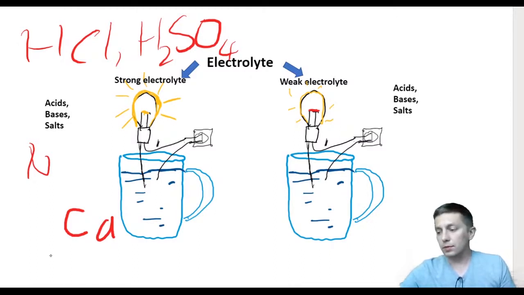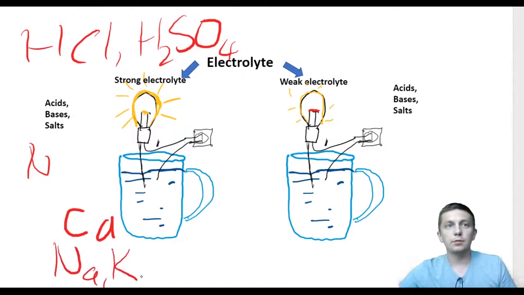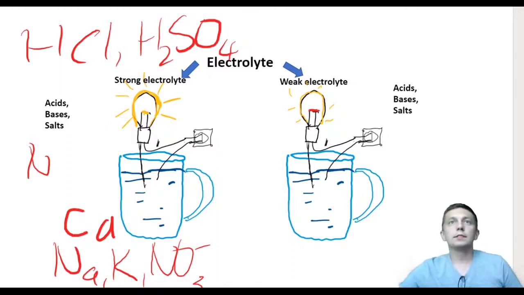And if we're talking about salt, absolutely all salts of sodium, potassium, and salts which contain nitrate group are always soluble. And weak, it's absolutely opposite. Any salt, any acid, and any base that is not in the first group is weak.